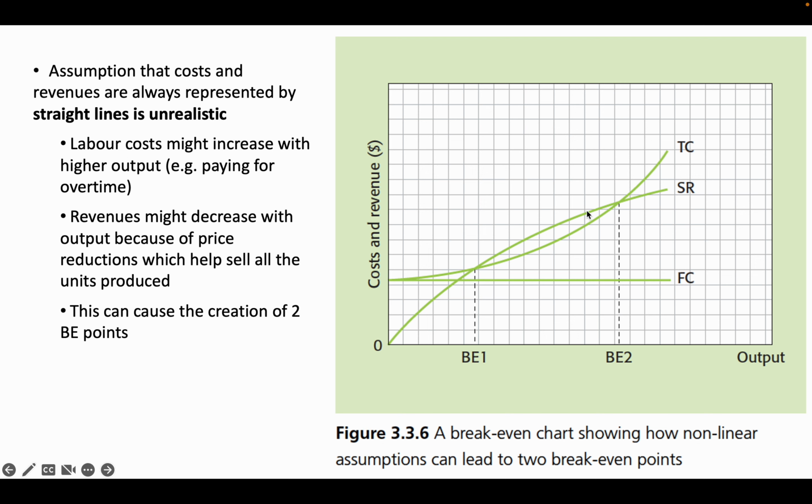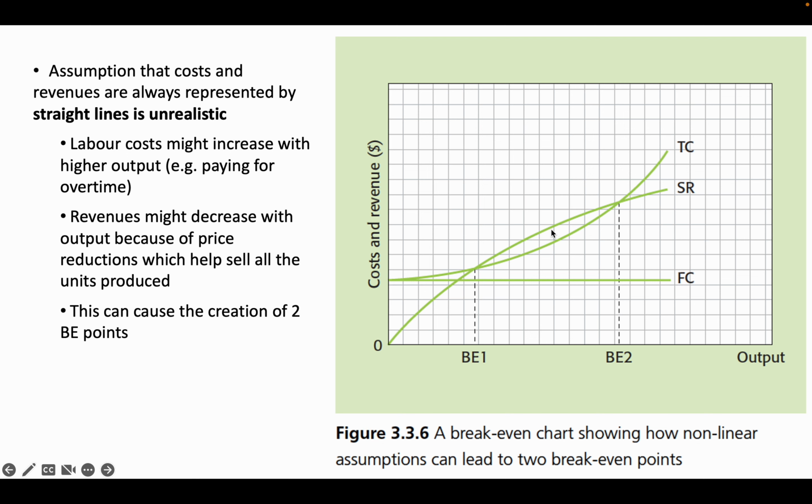And this can cause the creation of two break-even points, as you can see. Break-even point 1, break-even point 2. So when this happens, how can the business decide which one to listen to? They would probably need to draw it on the graph and see where profit is happening.